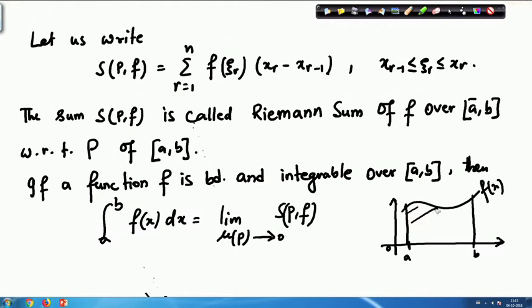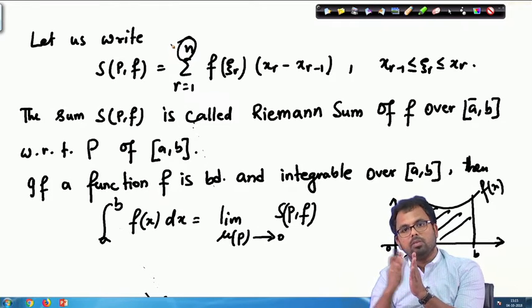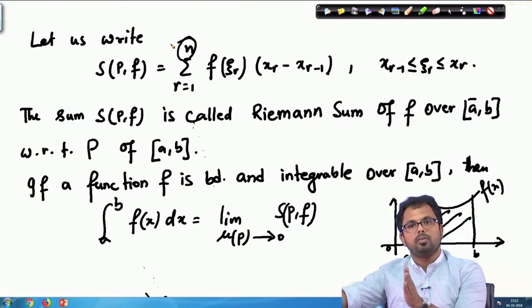Now, if I take the norm of the partition p going to 0, that means I am making the number of subintervals larger and larger. That means this n here is getting larger and larger, so I am taking a really large number of subintervals.